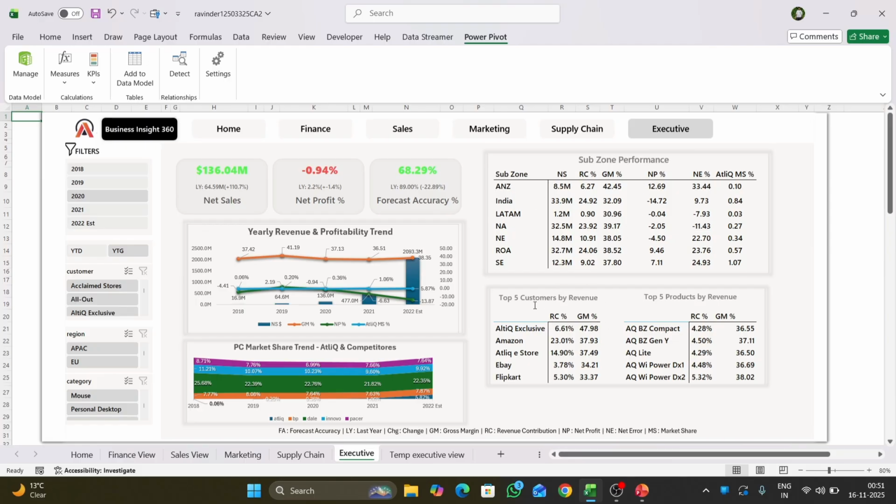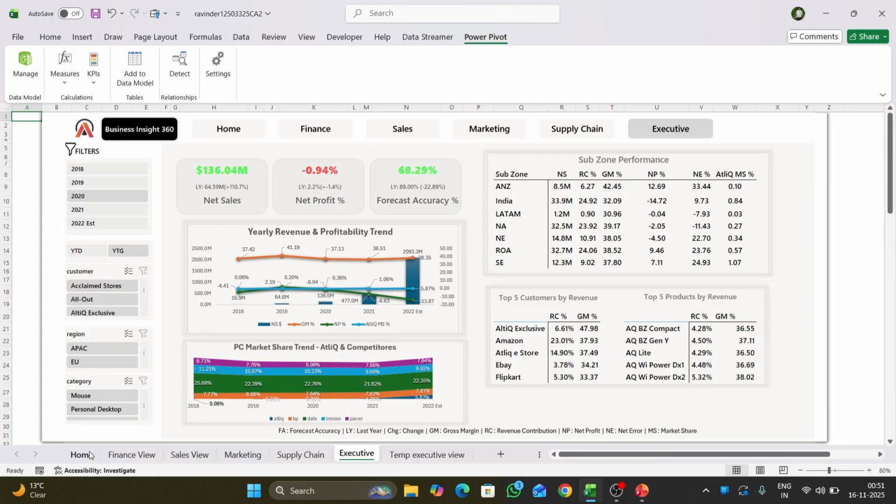After that, in the last, we have top 5 customers by revenue and top 5 products by revenue. As we can see, our top 5 customers by revenue are AtliQ Exclusive, Amazon, AtliQ Store, eBay, and Flipkart. And the 5 products are AQ Compact, AQ BG Gen Y, AQ Lite, Y Power, and Y Power DX2 here.